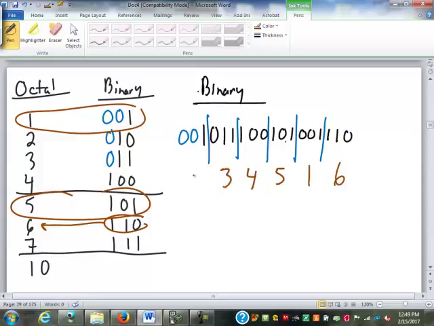And 001, of course, is 1. So the octal number 134516 is an abbreviation for that whole binary string.